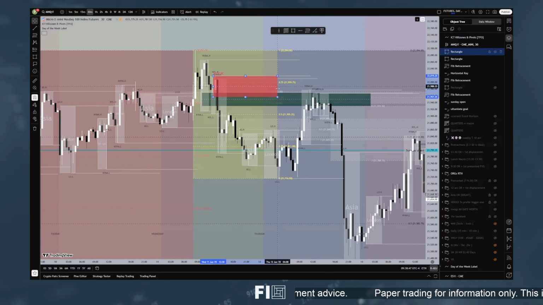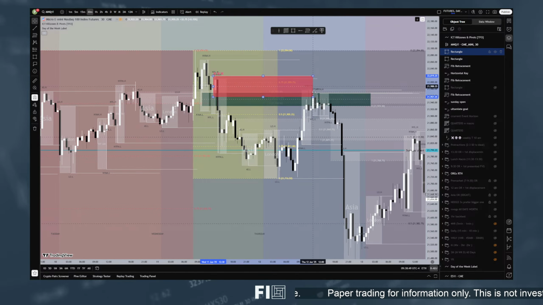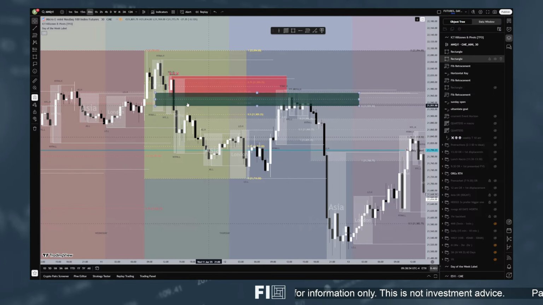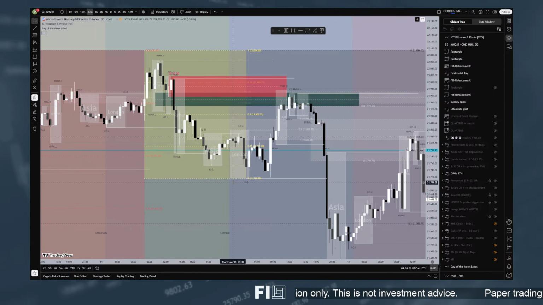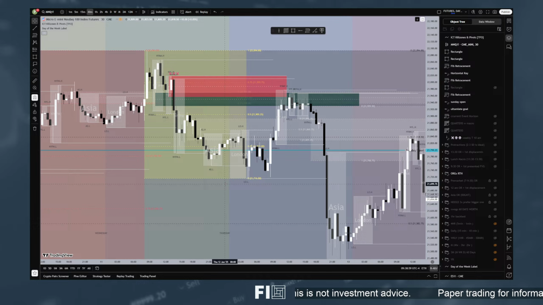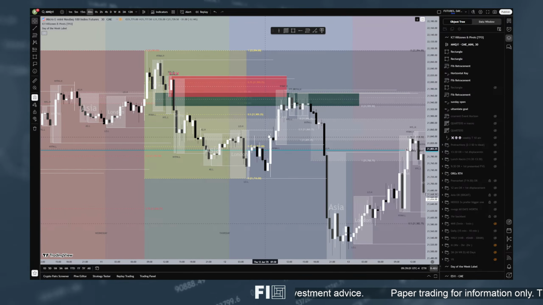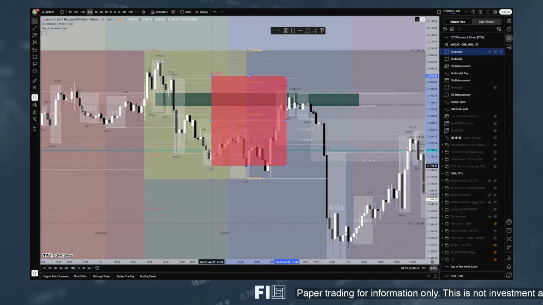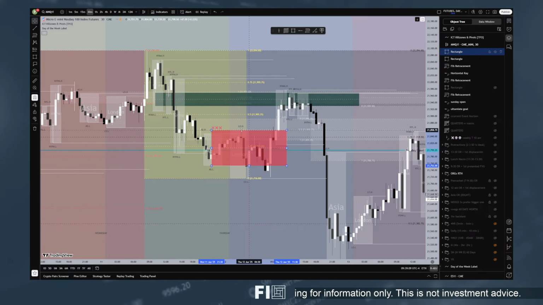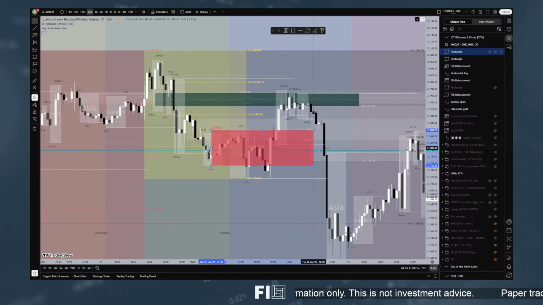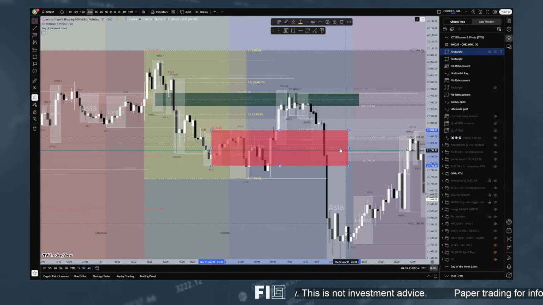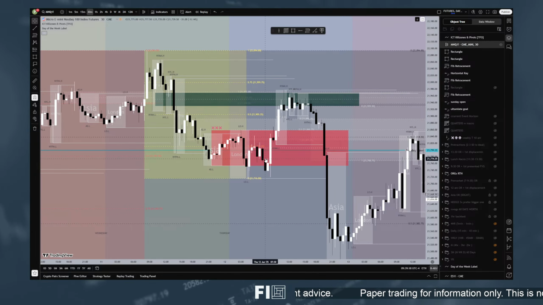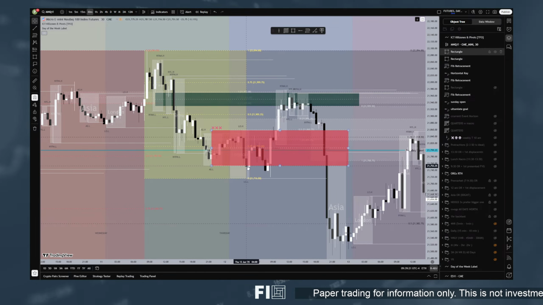This is only relevant until 11:30 here. Okay, notice that price wicked up there. Okay, then we have a high, low, lower low, higher high. That's our breaker. You want to see this as support. Okay, starting from what time?